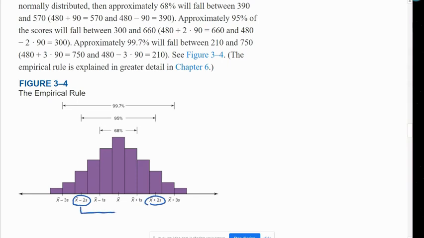So going from there to there, I think they put their marker in the wrong place. That should be right there and right there. That's going to be about 95% of our data are going to fall within two standard deviations of the mean.